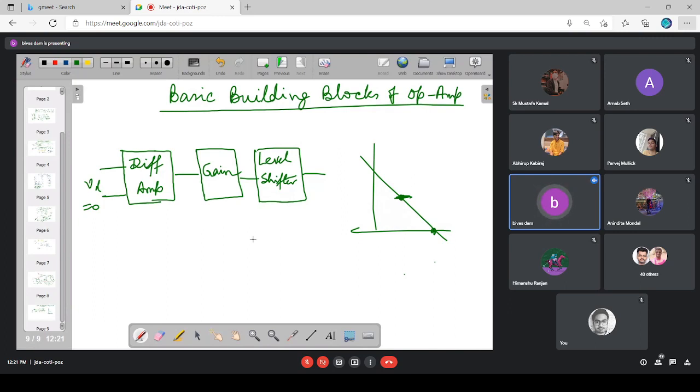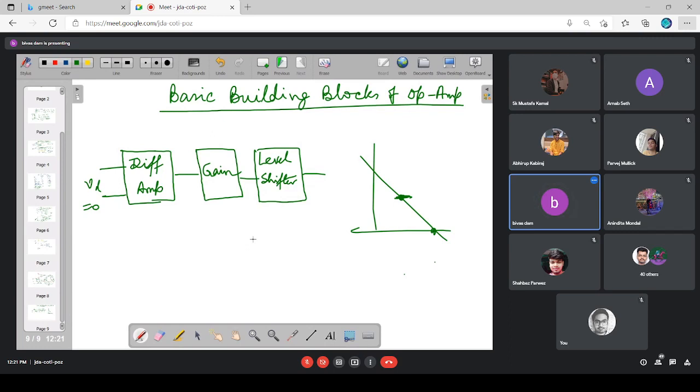What level shifter is trying to ensure which parameter to become 0? V0 at VD 0, so 0 output. No, this level shifter is trying to ensure that my VIO is 0. Input offset voltage is 0, isn't it? Yes, sir. Basically, you are also right. This level shifter is trying to ensure V output is equal to 0 for VD equal to 0.